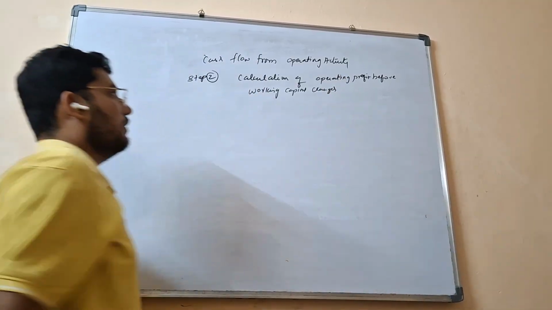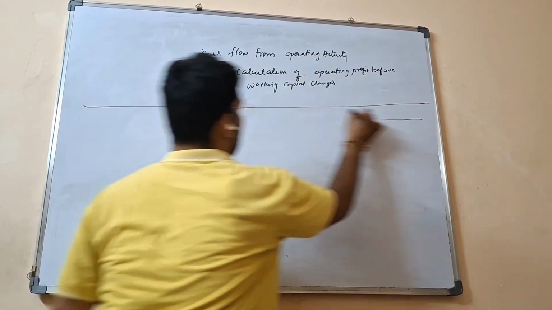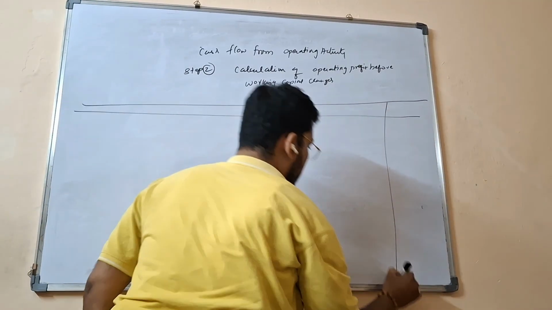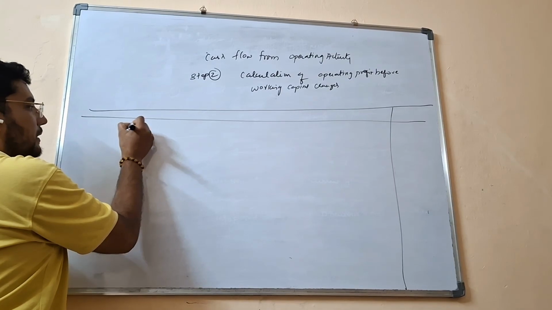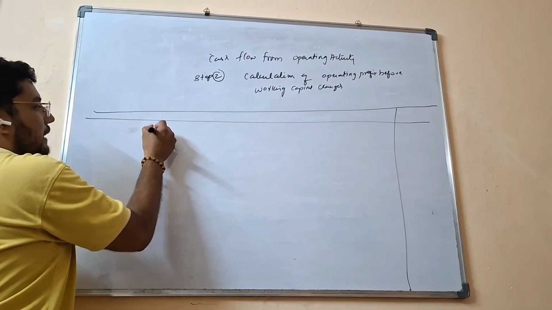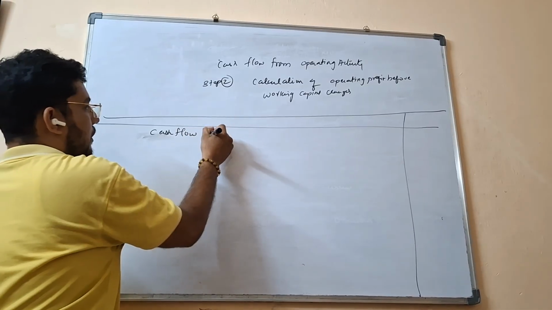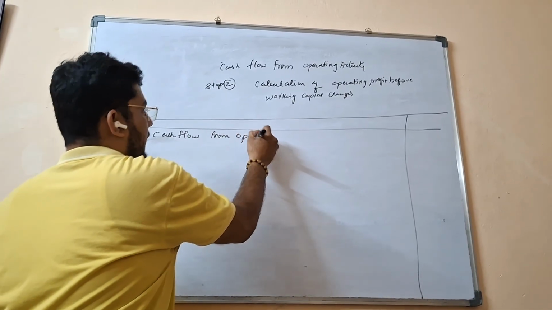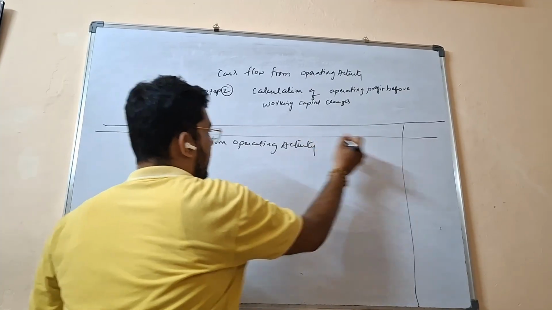Now this part onwards, that is step 2 onwards, we can take it in cash flow statement. And first we are going to take up your, as per step 1, that is net profit, or first we'll write cash flow from operating activity. Cash flow from operating activity.